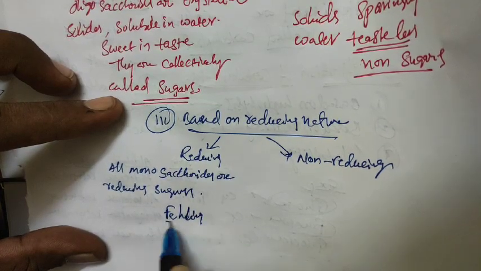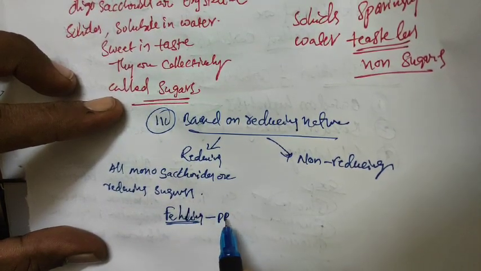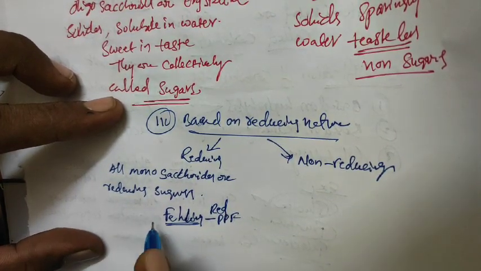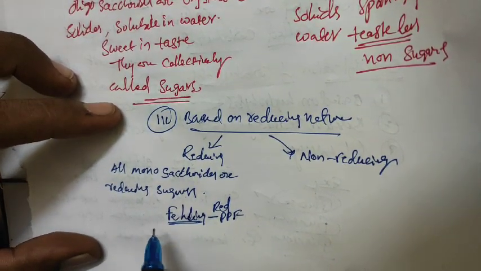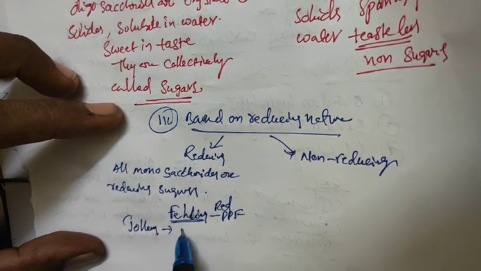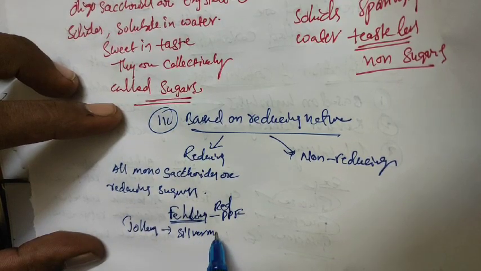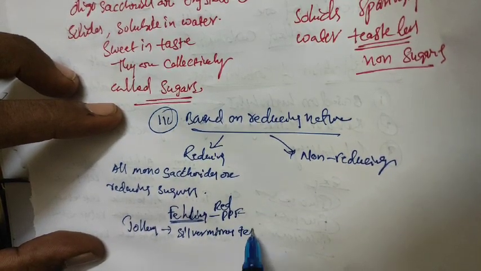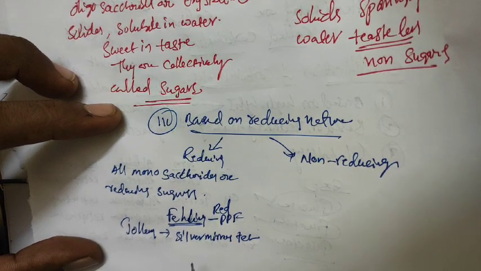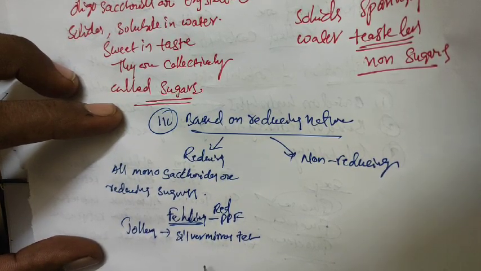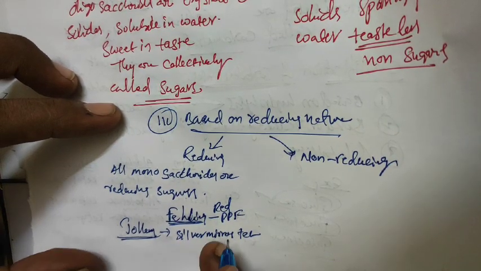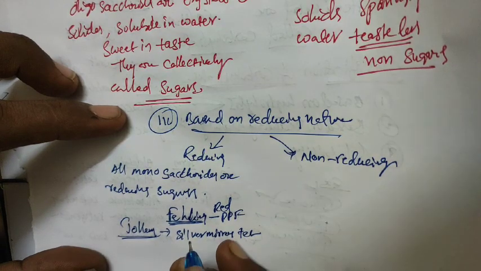Fehling's test gives a red precipitate, as well as Tollens' silver mirror test. So the sugars which give these two tests positive are called reducing sugars.